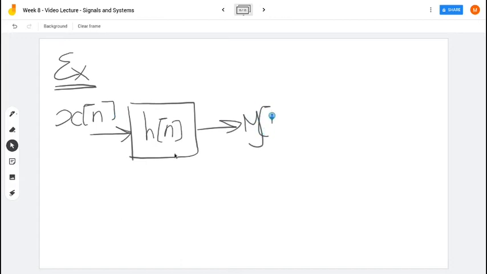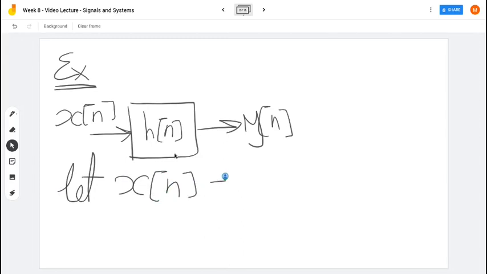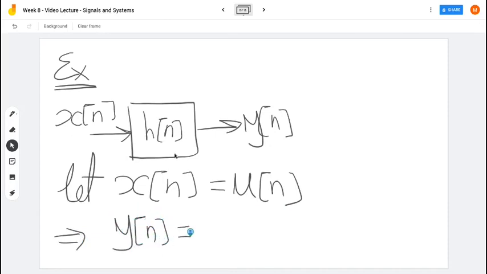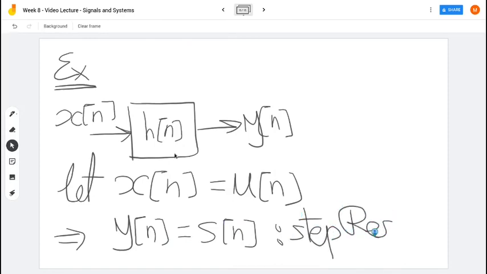And we need to find the step response, and the step response means simply that the input x of n is a unit step, and in this case the output y of n will be the step response, which we usually call S of n. So step response means simply the output coming out of the system for an input which is a unit step.